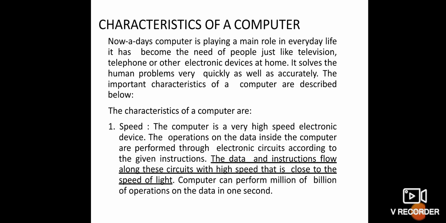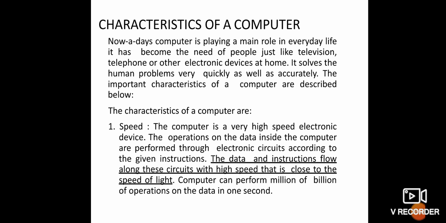First, the speed. The computer is a very high speed electronic device. The operations on the data inside the computer are performed through electronic circuits, and the instructions are embedded in it. The data and instructions flow along the circuits with high speed, close to the speed of light.